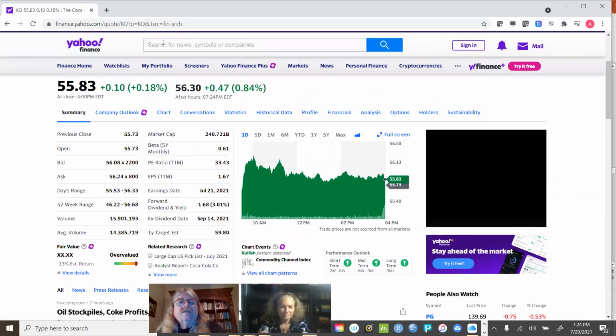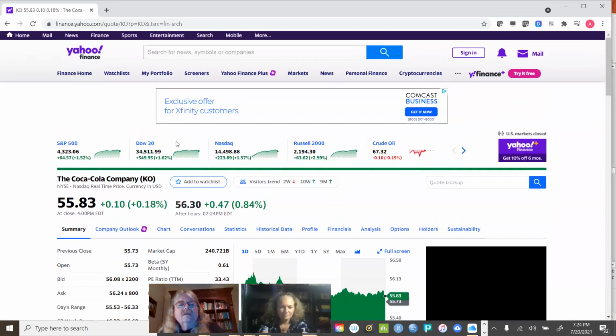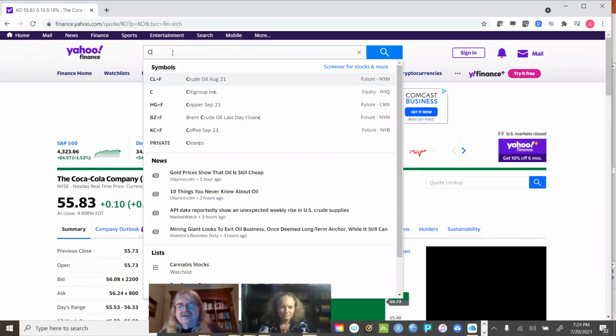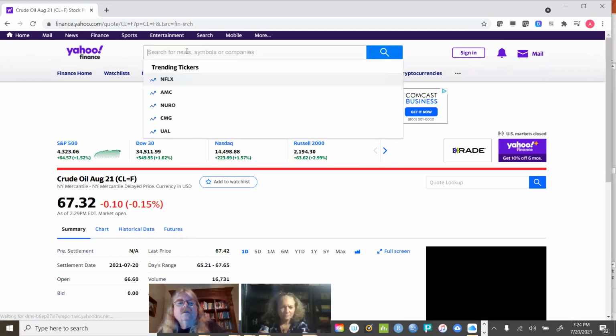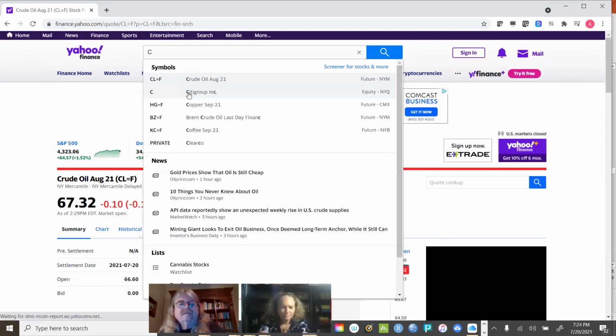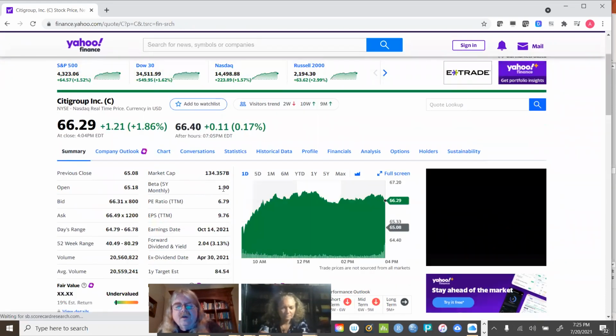But then maybe at the other extreme, let's try, how about Citicorp, which I think is just C. No, ooh, that's crude oil. No. Ooh, Citicorp is at 1.9. 90% higher than the average stock in the economy.